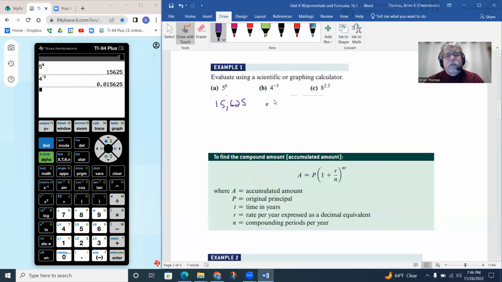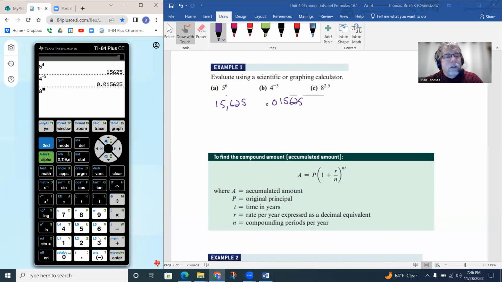So it's going to be 0.015625. And 8 to the 2.5. Notice how that one, we almost have to end up rounding it.